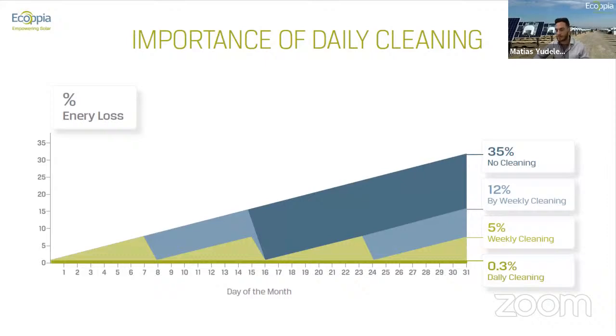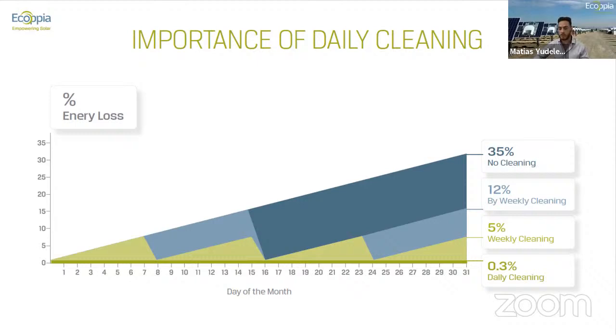Now, I want to also emphasize one of the main considerations for choosing automated cleaning instead of manual and semi-automated: the frequency of cleaning. As we can see on this graph, based on our experience, manual cleaning is usually done in cycles, depending on the soiling loss of each plant.